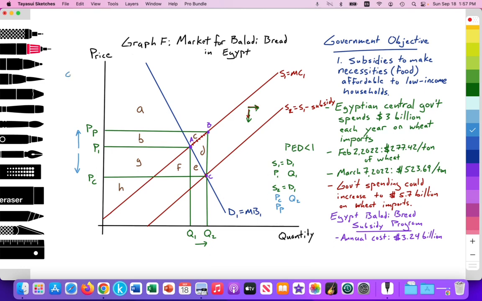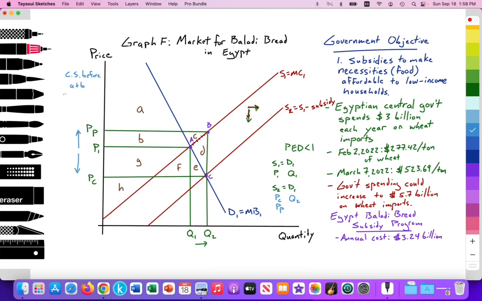So consumer surplus before, I'll put it before the subsidy, was equal to areas A plus B. Area A plus B becomes the consumer surplus, the price paid by the consumer versus what they're willing and able to spend.